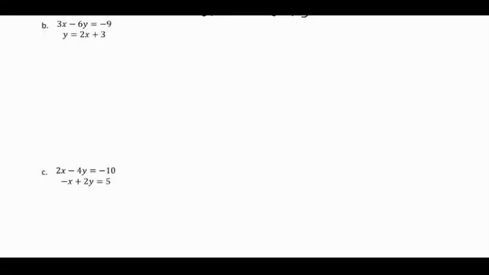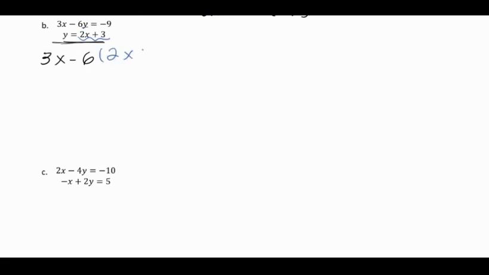For example B, we have 3x minus 6y equals negative 9 and y equals 2x plus 3. Notice that in my second equation, one of my variables is already solved for. So we're going to use the substitution method. So we're going to use the first equation, 3x minus 6, but instead of y, we're going to plug in this value.